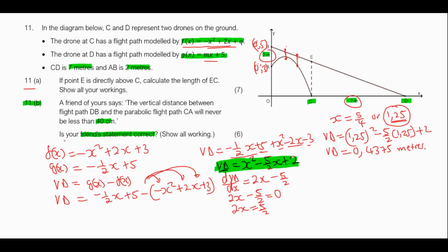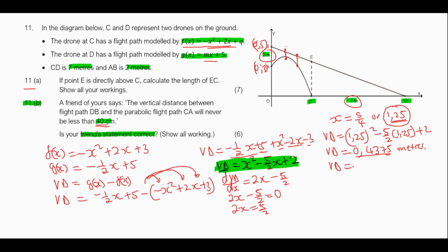But now your friend is saying that the distance will not be less than 40 centimeters. So we need to convert these meters to centimeters and then we compare. How do we convert meters to centimeters? We multiply by 100.